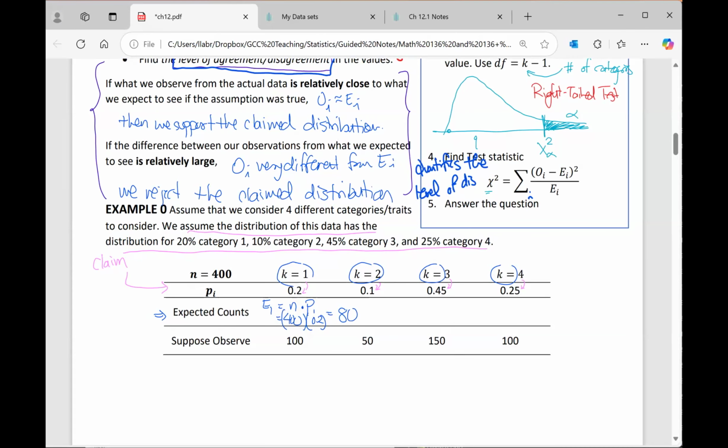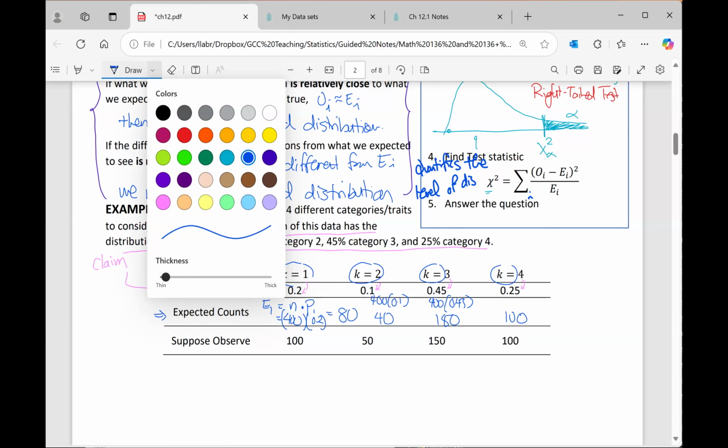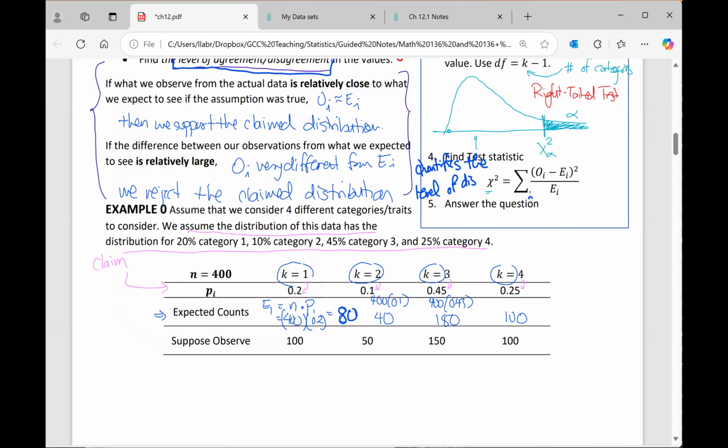Let's continue doing this. This will be E2. That'll be 400 times 0.1, which gives you a value of 40. E3 is going to be 400 times 0.45. Throw that into a calculator, we get 180. And then finally, for the last one, we're going to get 100. So hence, we've got our expected counts.